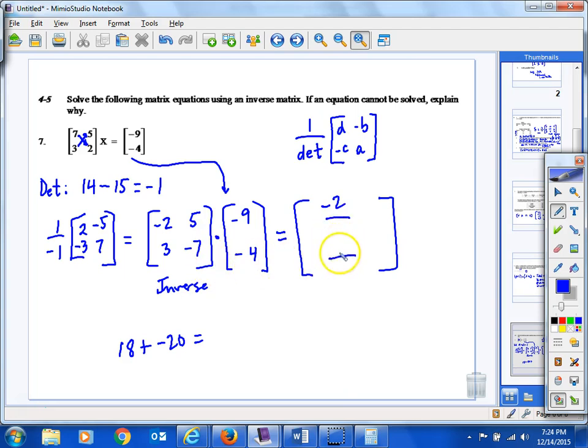And then the bottom number will be the bottom row times that same column, 3 times -9, plus -7 times -4, so that is 1. So this is the answer. That would be the matrix multiplied times this matrix to equal this right matrix.